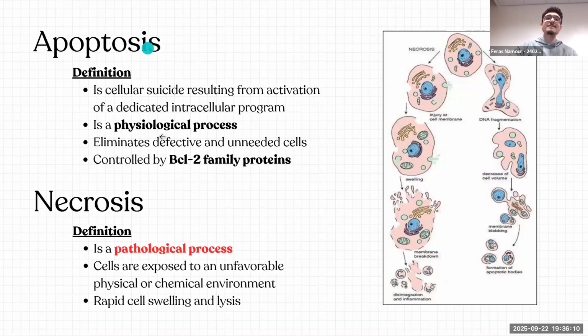When cells don't kill themselves of their own accord, we call that necrosis. It's a pathological process. What does pathological mean? It's abnormal, not normal. When we have extra stresses or trauma to the cell, it can die by necrosis. Both of these, you're going to study in great detail in your second year.